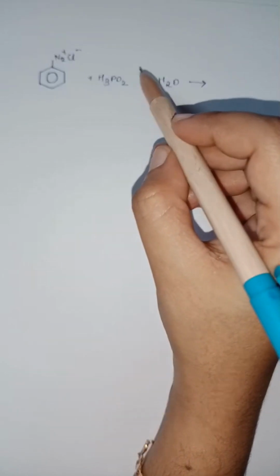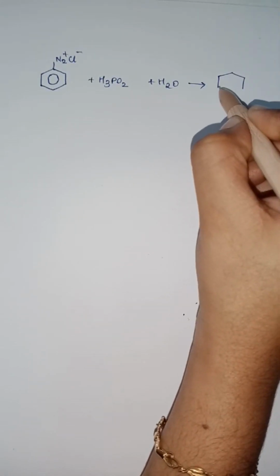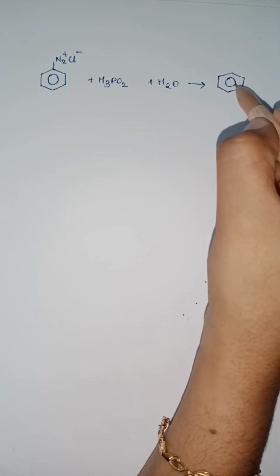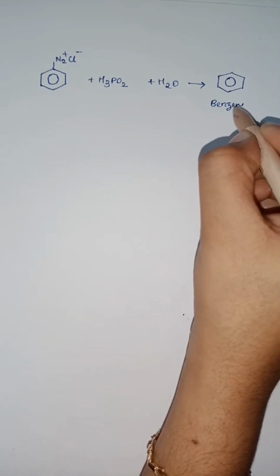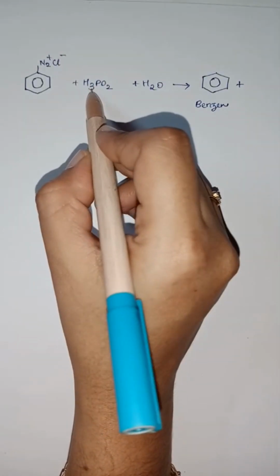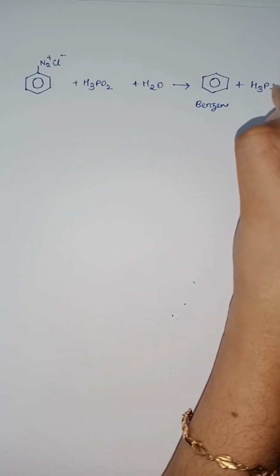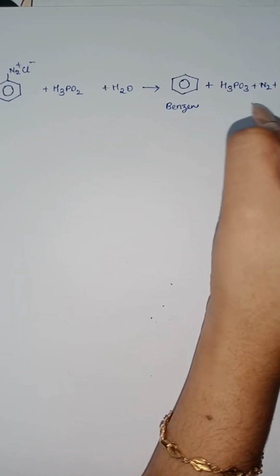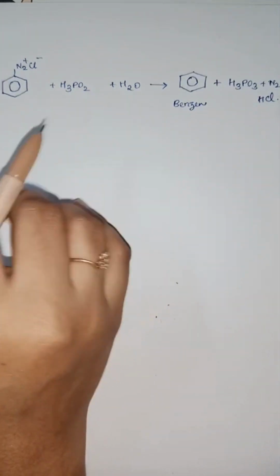Right? So it's a kind of redox reaction. So benzene diazonium salt on reduction with hypophosphorus acid gives benzene as the main product. And along with that, this hypophosphorus acid itself gets oxidized to phosphorus acid, H3PO3, and N2 gas is evolved. Along with that we will get HCl. Right? So it's a kind of reduction reaction.